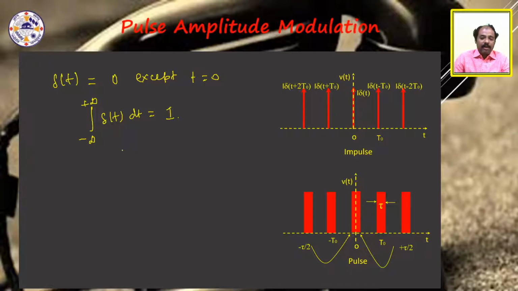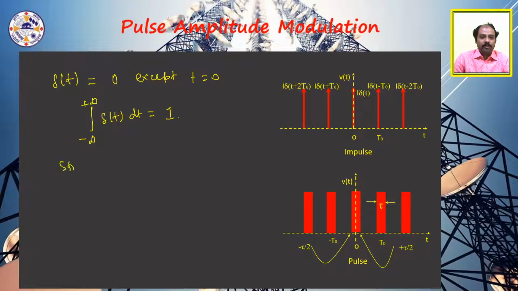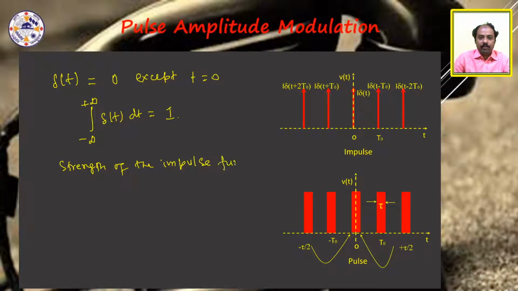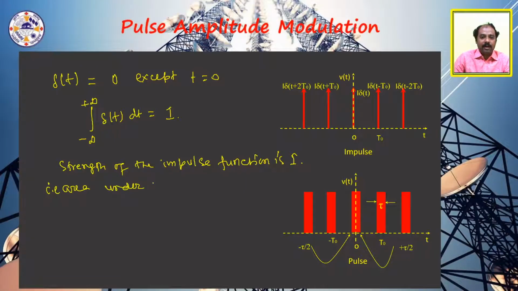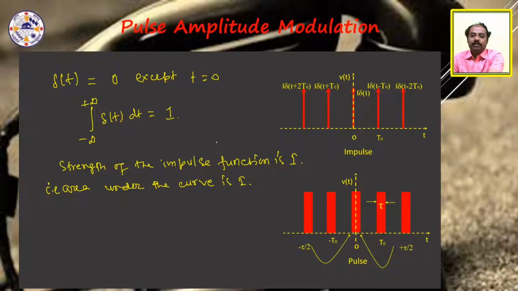Fine. Now here we have considered that the strength of the impulse function is I, that is, the area under the curve is I. Fine. So the area under the curve is I.